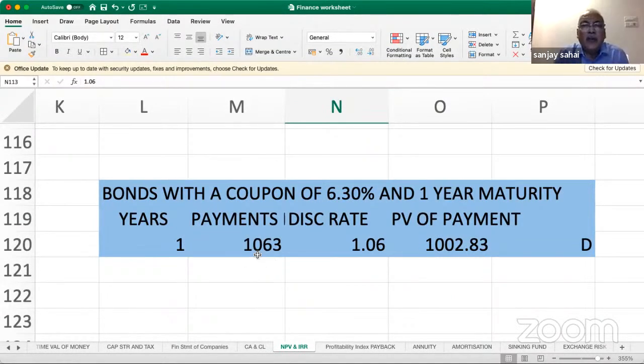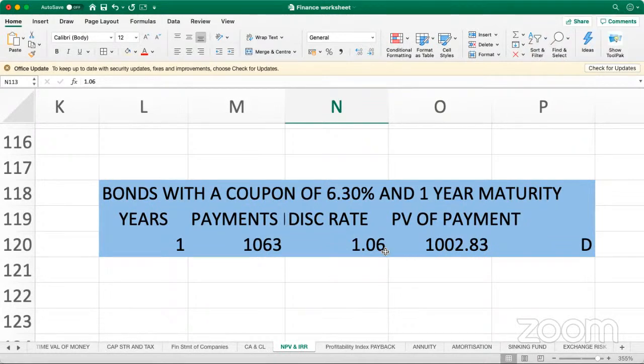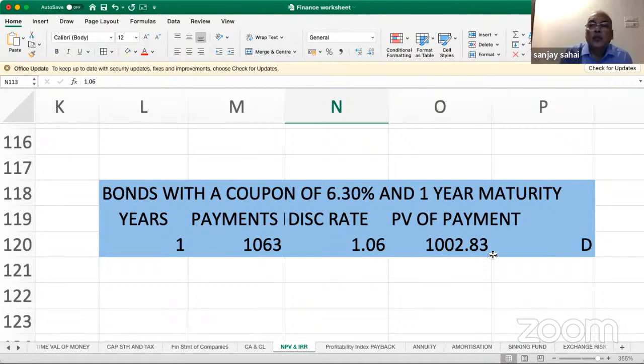I will find out how much money I am going to get in the future. I have 1 year to maturity. So I will get 63 rupees plus 1,000, 1,063. If I discount this by 1.06, I am getting 1,002.83. So basically what will happen is the price of this bond will go up.